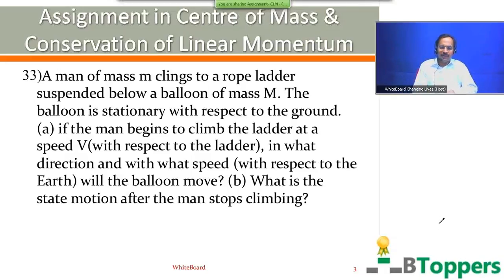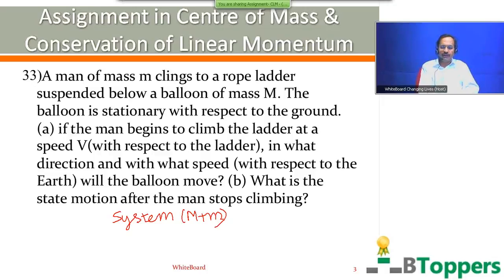So we consider the man of mass small m and the balloon along with the ladder of mass capital M as one system. That is, the total mass of the system is capital M plus small m. Initially the man is at rest, the balloon is at rest.